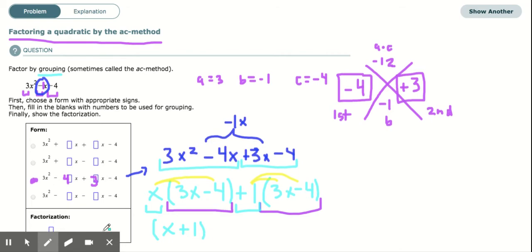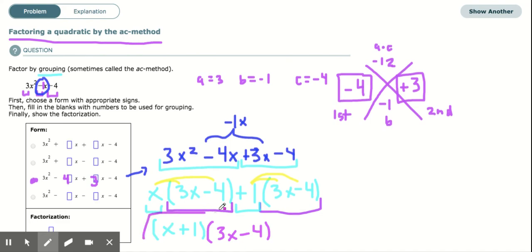And in my second parentheses, I write out what was in the group, 3x minus 4. And I only have to write it once because when I multiply these two things and I FOIL them out, I'm doing x times 3x, x times negative 4, and then I'm doing 1 times 3x and 1 times negative 4, right? So that's why I'm able to just write it once I grouped it.